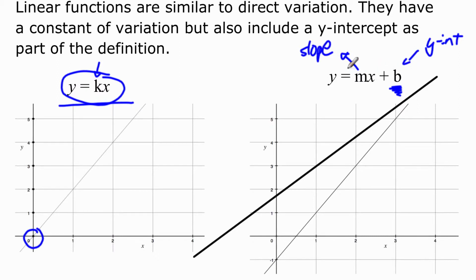So if I have an equation, I can graph it, as long as I know what the slope is and what the y-intercept is. Fairly easy to graph. Or if I have a line, I can determine what the equation is. All I have to do is find out where that line crosses the y-axis, and what its slope is. How much does it rise over how much does it run?